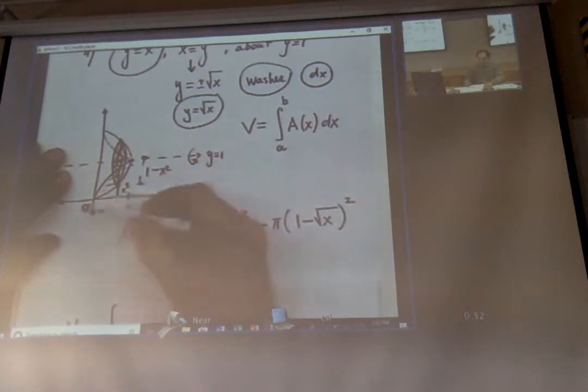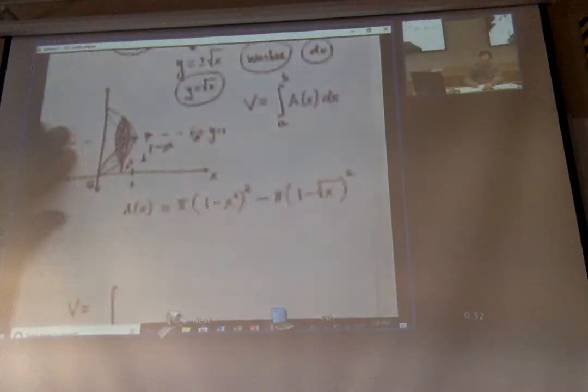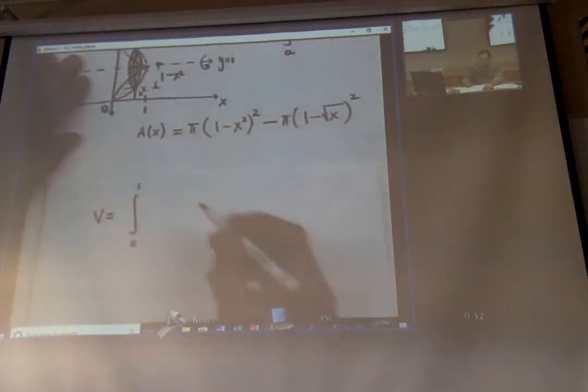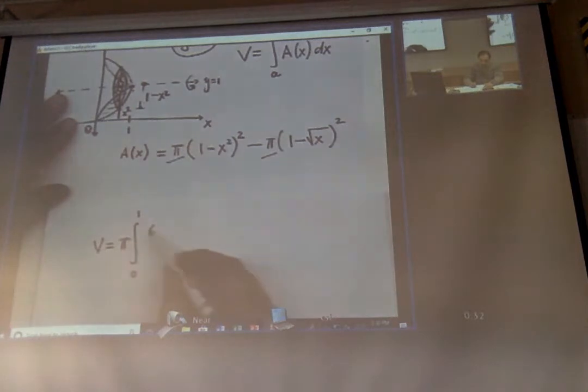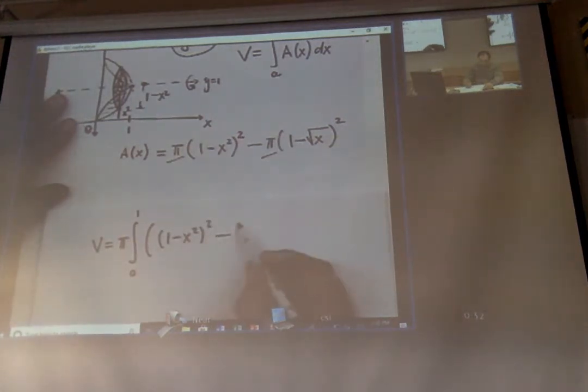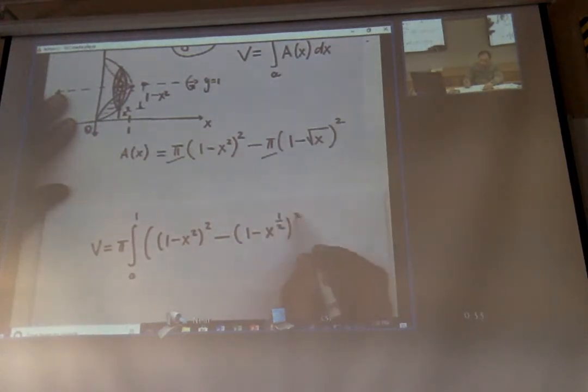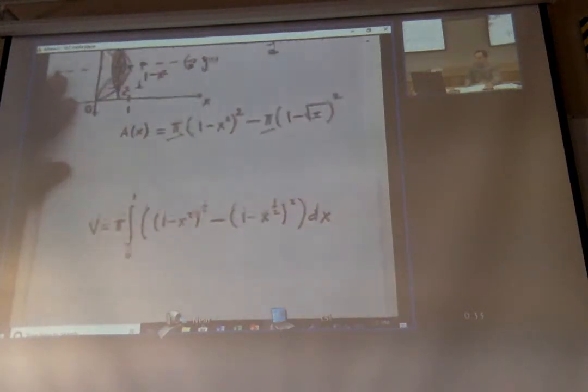So we have the integral from 0 to 1. And now we can pull out this pi outside, from our formula. And then inside you have 1 minus x squared, squared, minus 1 minus x to the 1/2, squared, because we have to deal with the power function right now. Well, this is your integral.